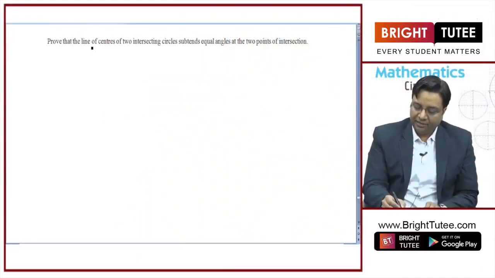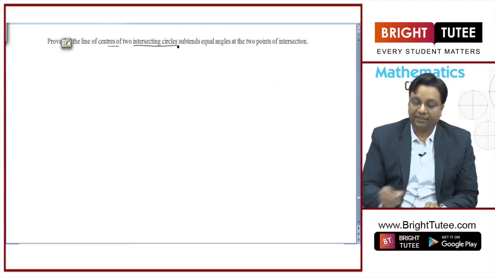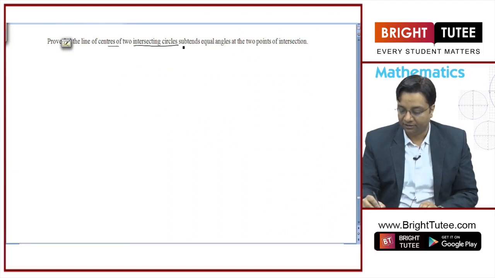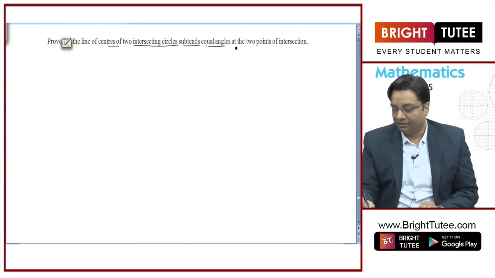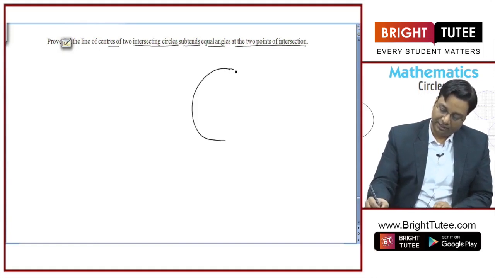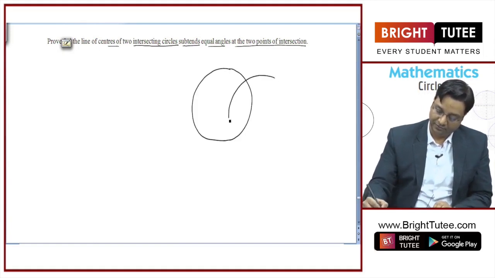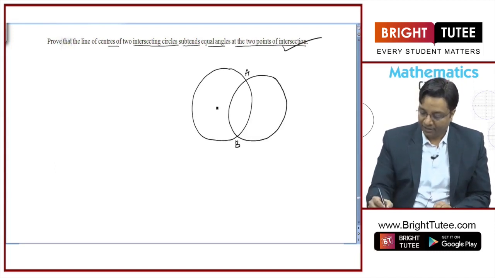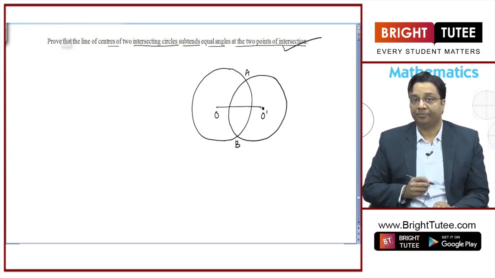Prove that the line of centers of two intersecting circles, that is the line joining the centers of two intersecting circles, subtends equal angles at the two points of intersection. So let us draw two intersecting circles first. A and B are the two points of intersection, and let the center of this circle be O and the center of this circle be O dash, and the line joining the centers is OO dash.